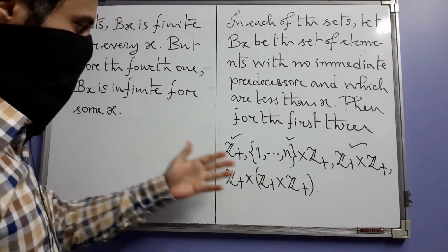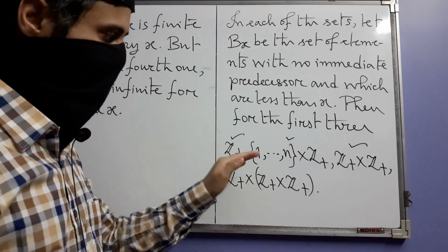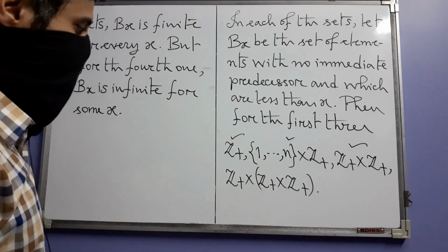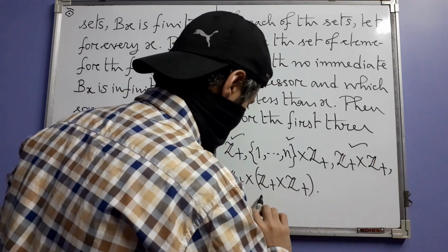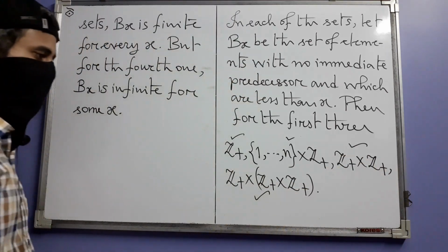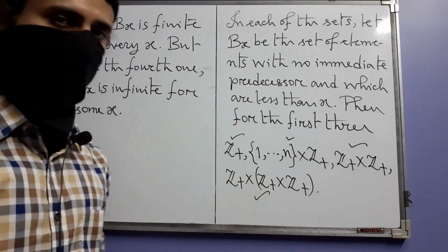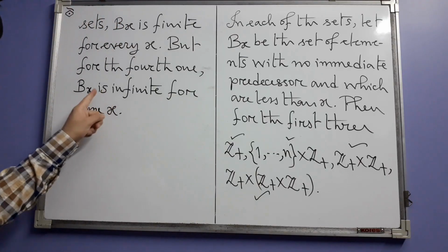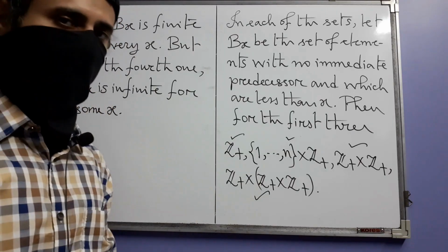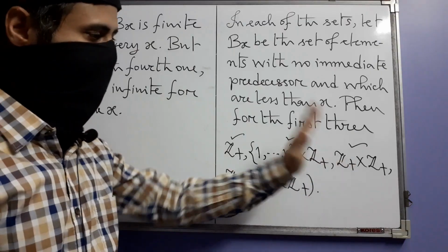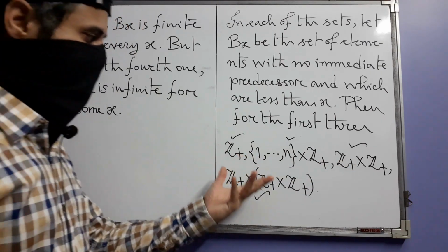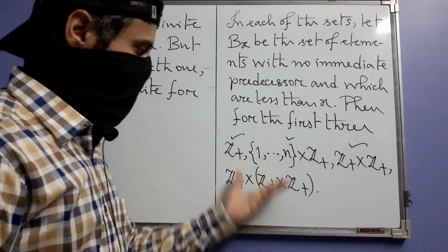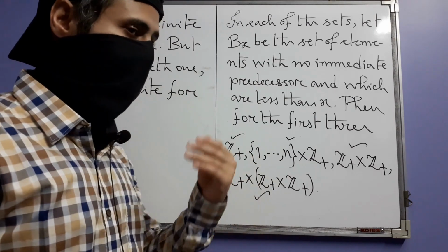But this is how you can show that they are of different order types. So obviously these sets will now all be of different order types than this one, because here we have infinite Bx's for some x, whereas that's not the case in the first three. So that's how we can have infinite ordered sets which are all well ordered.